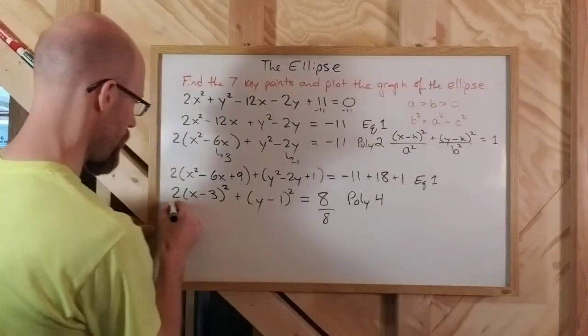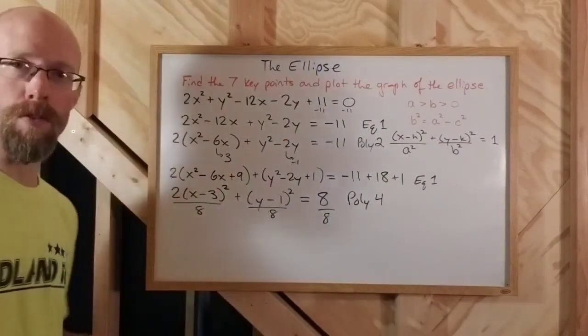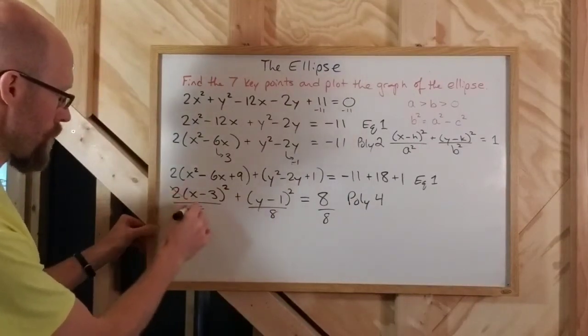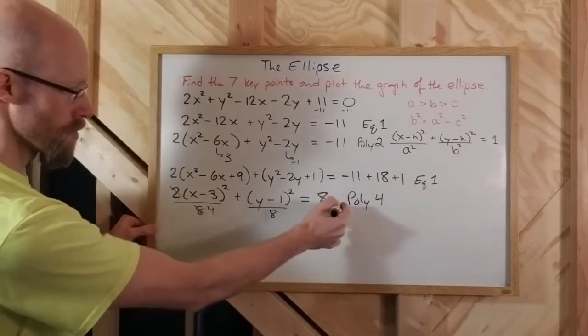So divide it on the right, and divide it on the left here, distributing it to both of the main terms. Now, here 2 over 8 reduces down to a 4, and over here the 8 is reduced down to a 1.